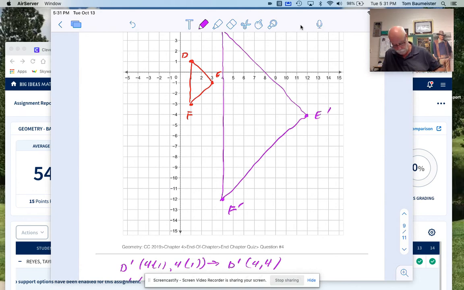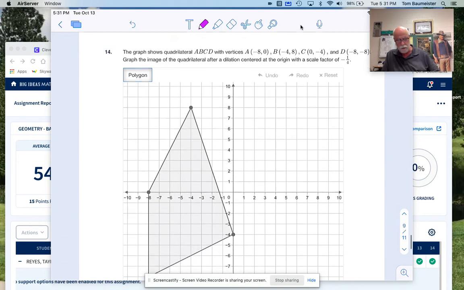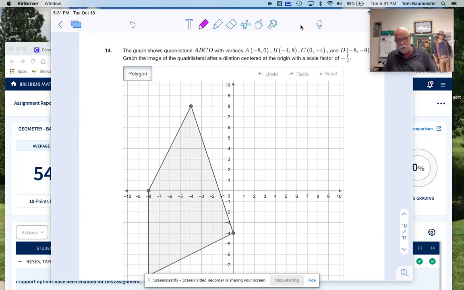Okay. The next one, the graph shows ABCD with vertices at A equal to (-8, 0), B at (-4, 8), C equal to (0, -4), and D at (-8, -8). Graph the image of the quadrilateral after a dilation centered at the origin with a scale factor of negative 1/4.